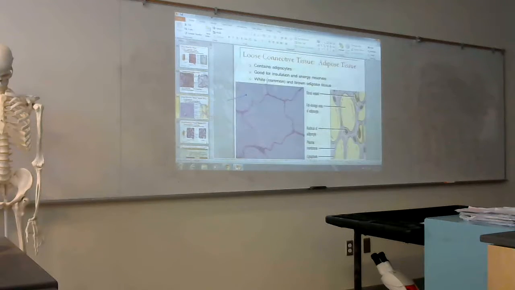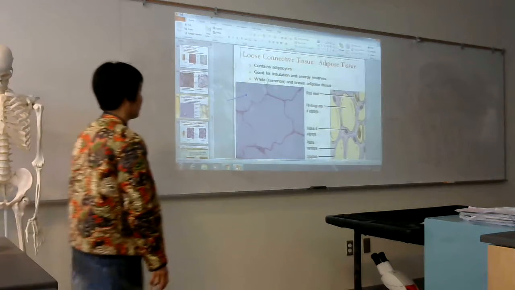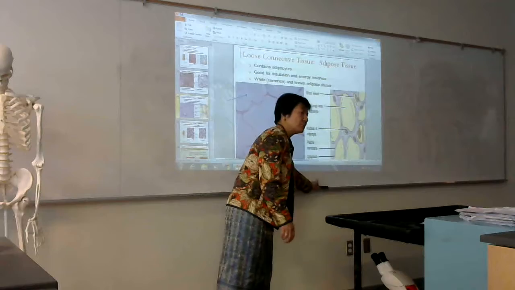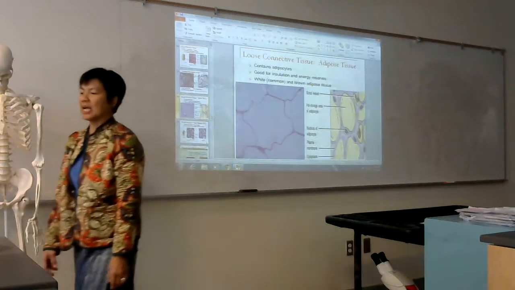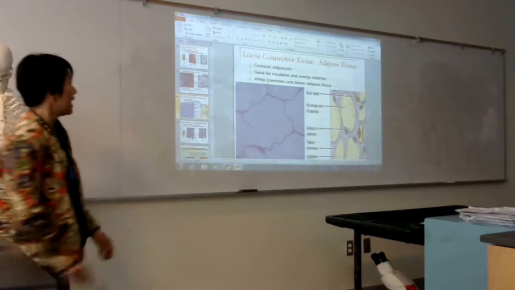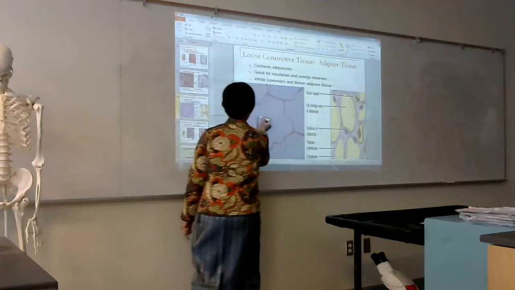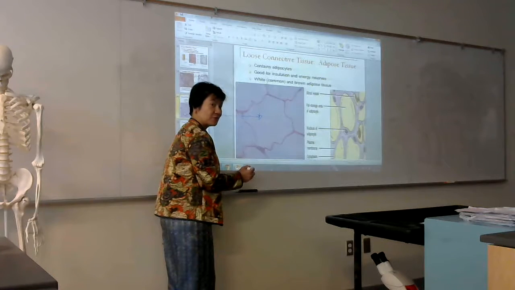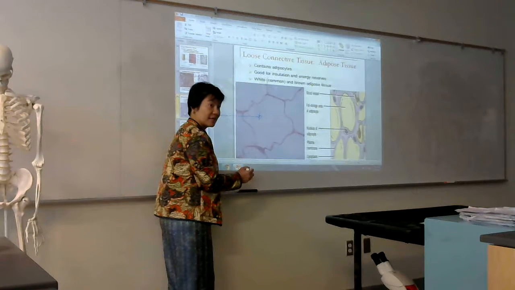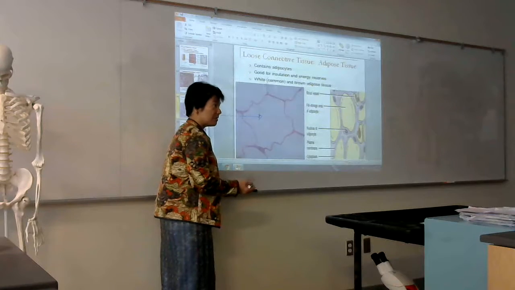Next, look at this. Adipose. Very easy to identify. I hope you won't have a hard time identifying this. And I always like to point, identify the structure under the pointer. What are you going to write? It starts with a C. What's that? That's it.